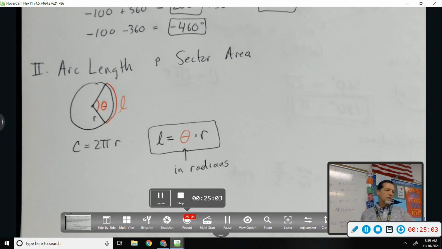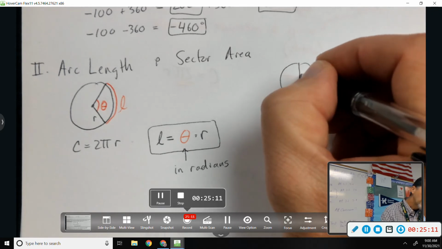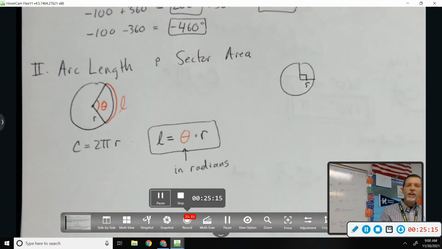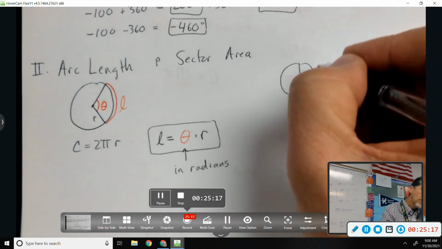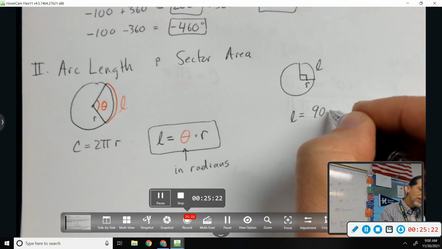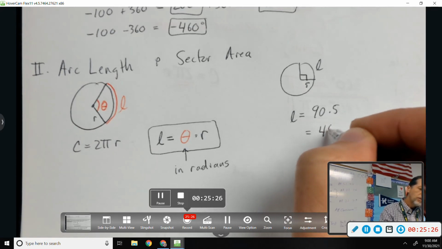So if it's in degrees, does that mean you have to convert it? Correct. Usually you'll know something's up. Like if we ask for the arc length of this, radius 5, and let's say you forget, and you think that angle's 90 degrees. So 90 times 5 is 450.